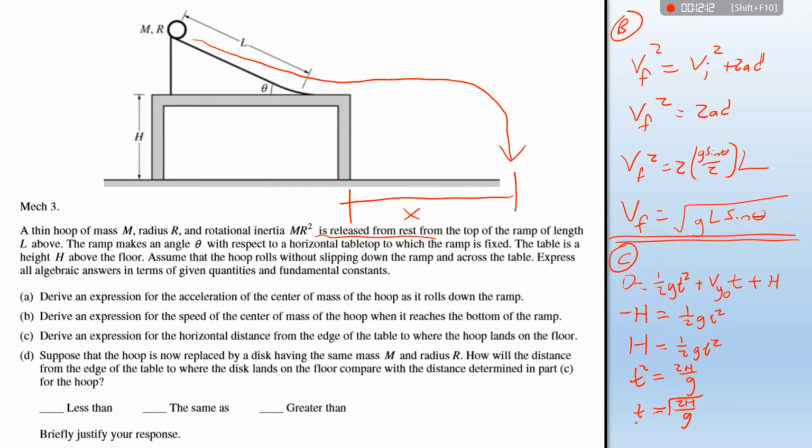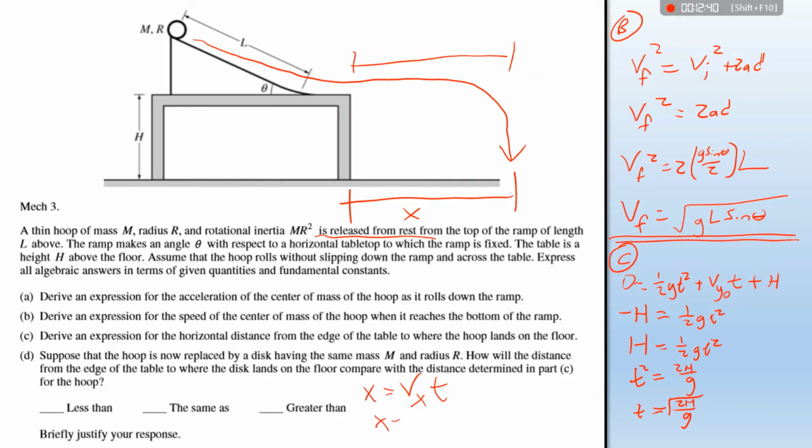How can I use the time when the object hits the ground to figure out how far from the edge of the table that the object will land? So this is projectile motion. So v times t is equal to x. Specifically, horizontal velocity times time.